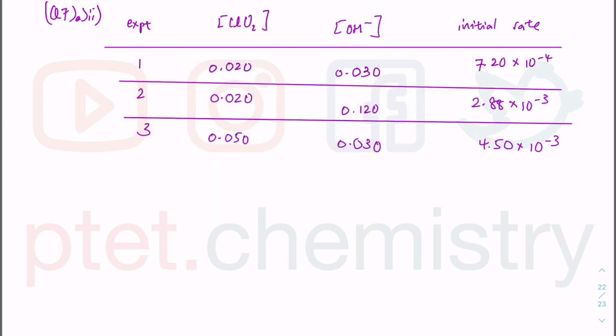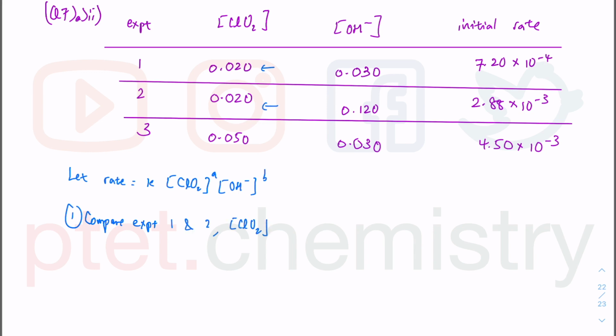Let the rate be the rate constant times ClO2 to the power of A and OH minus to the power of B. Explain your reasoning for 2 marks. So compare experiments 1 and 2. If I compare experiments 1 and 2, you can see that ClO2 is constant.